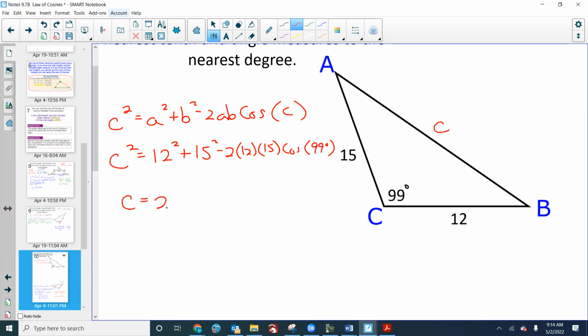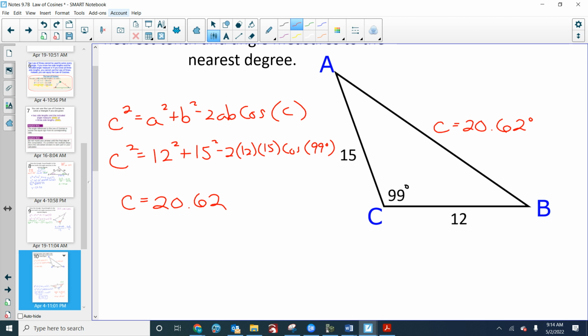C is 20.62. It's got to be the longest side, right? I mean, 99's got to be the biggest angle. And then from there, I've got my angle inside pair. I can use the law of sines to finish it off.